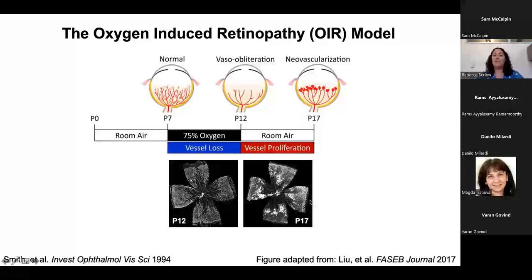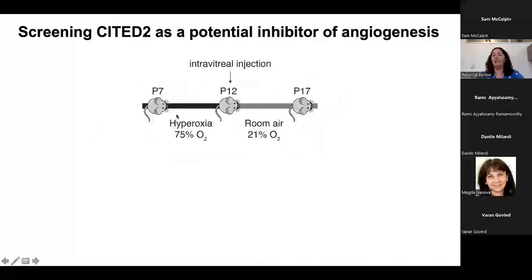And so these data shown on the bottom are simply images of retinal tissue flat mounts where we've stained for the vasculature. And so here at P17, which is the endpoint of our model, we see the very characteristic behavior in this model where we have formation of pathological vessels that we call neovascular tufts, and the central region where the mouse is actually not producing any vessels due to the start of the model where we provide excess oxygen.